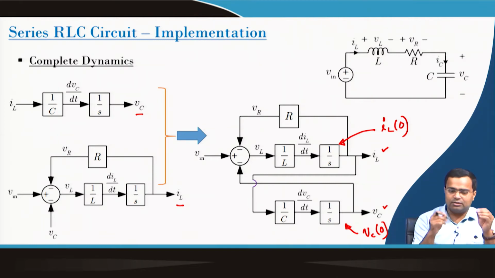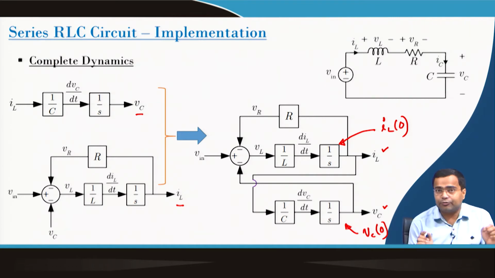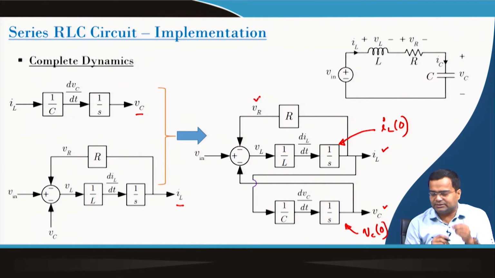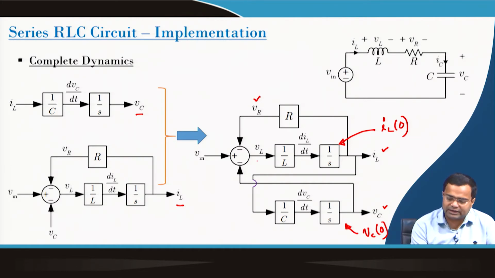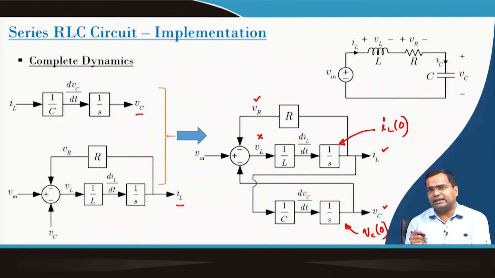That means, if we want to simulate this circuit, we can show the profile of the inductor current for a given input voltage profile, and also the capacitor voltage profile. If you want to show the voltage across the resistance, you can tap this point, and we can show the voltage across the inductance from this point. So, we can tap different voltage and current waveforms from different points.